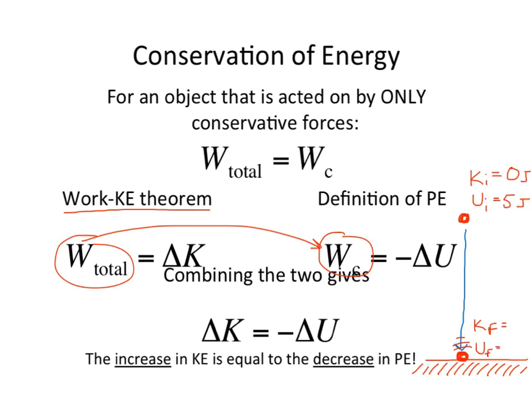It has fallen down from its height. It has no more potential to fall. It has used up all of its potential energy, so the final potential energy is 0 joules, which means if all of that is converted to kinetic energy, it must have a final kinetic energy of 5 joules.